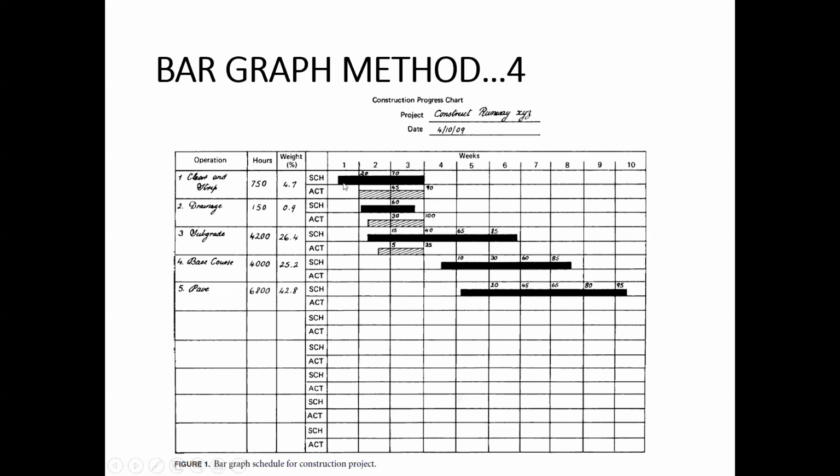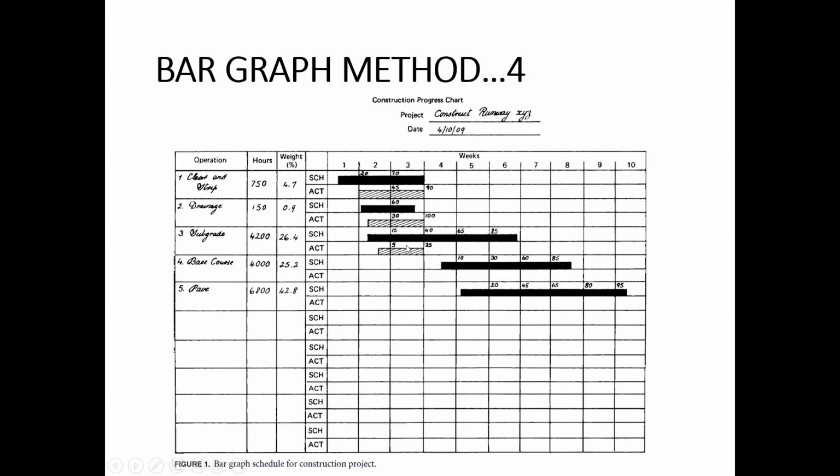This means that this project has already started, and when a project has already started, only then will there be an actual progress on the schedule. So by using this bar chart, we can see the progress on the work.